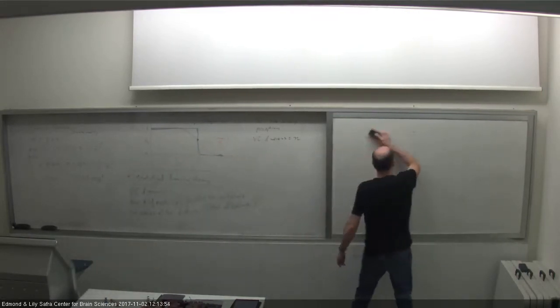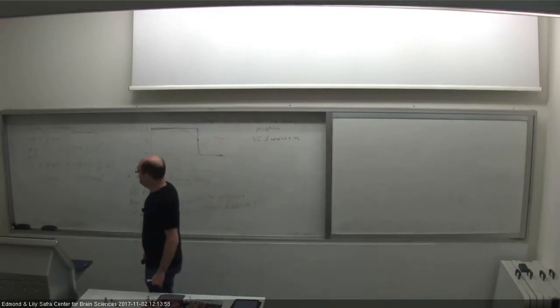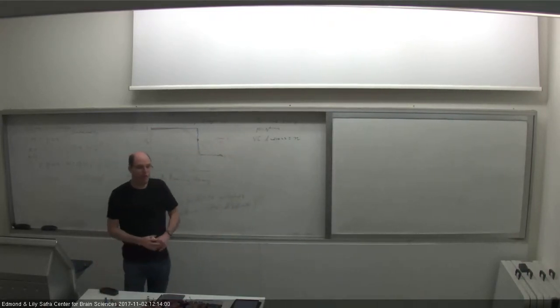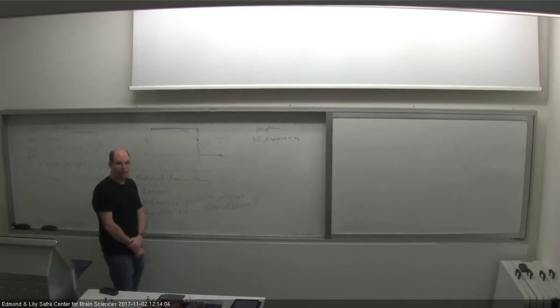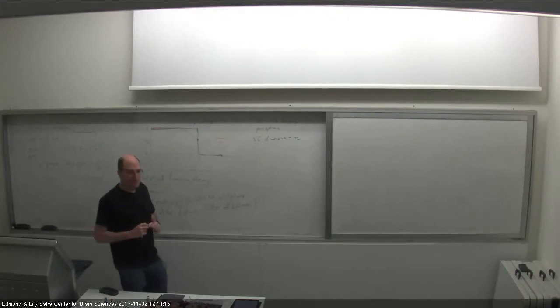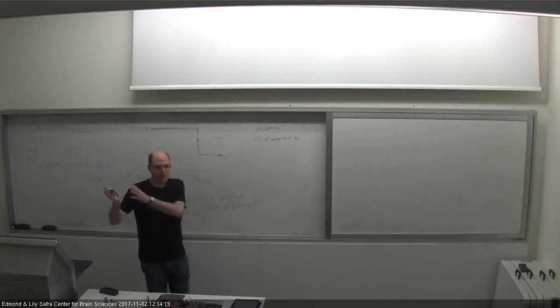Now, the next question that I want to raise is the following. We found that there is a certain fraction of the dichotomies that can be learned. How can we learn them? Remember that for the linear perceptron, all we needed to do in order to find the best weights was to invert some matrix and multiply it by some vector.